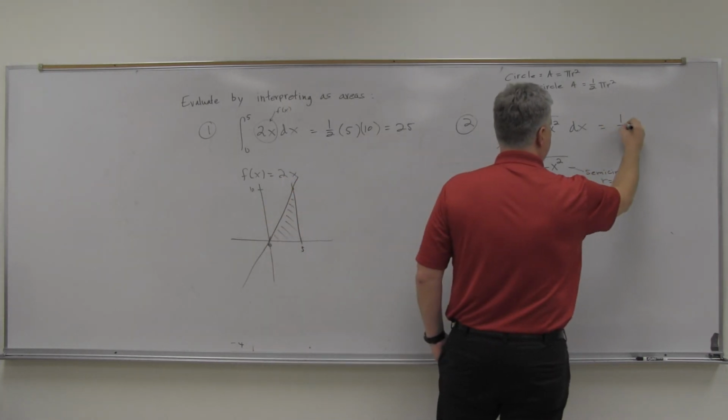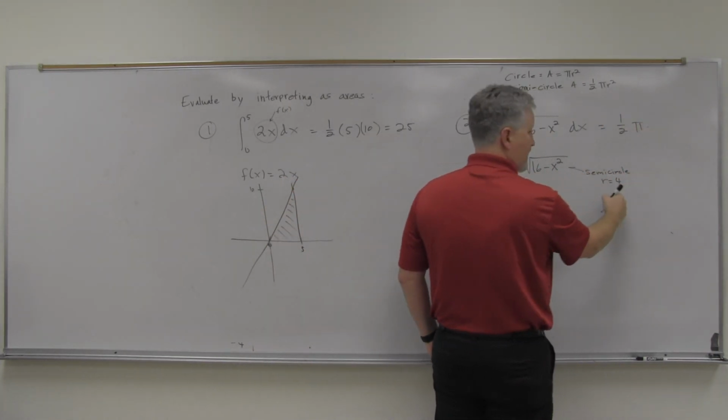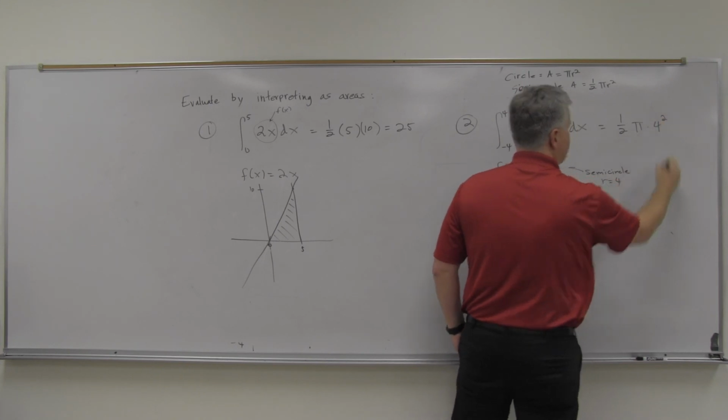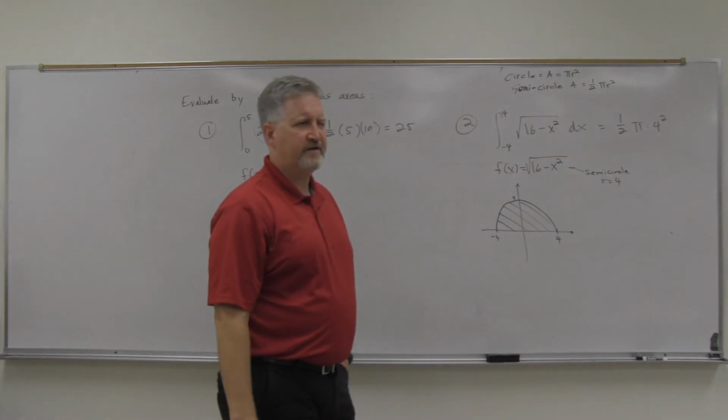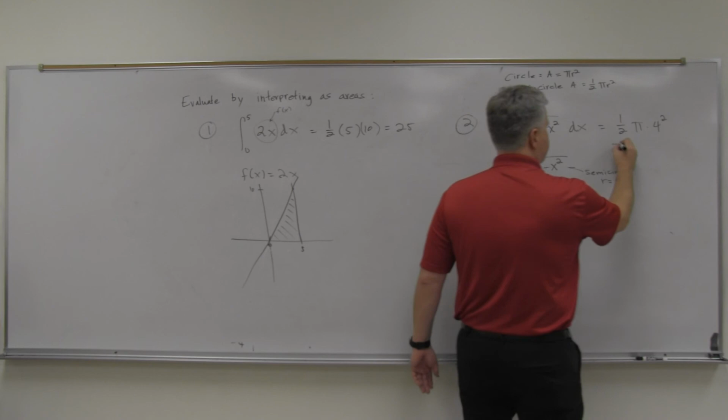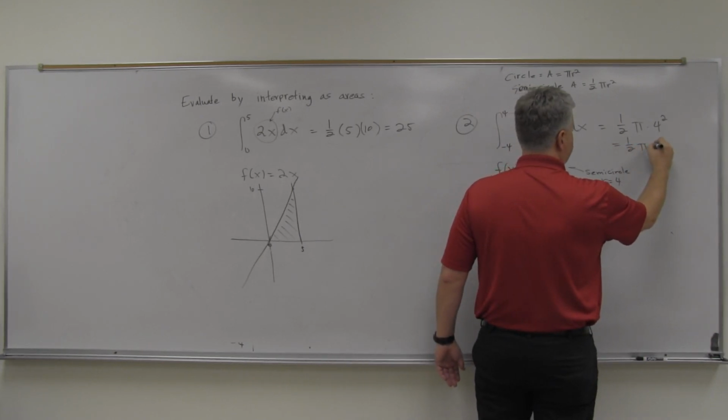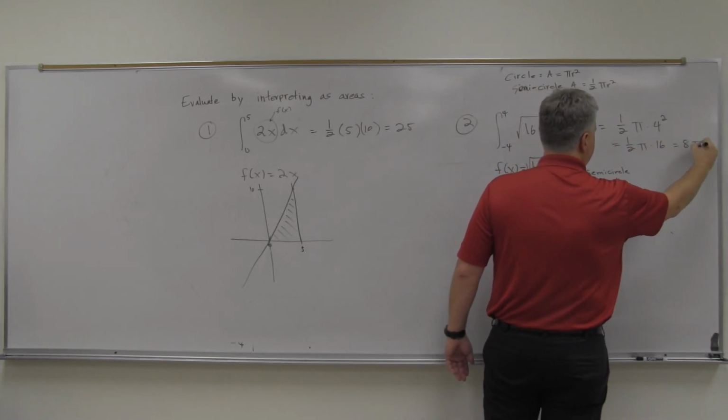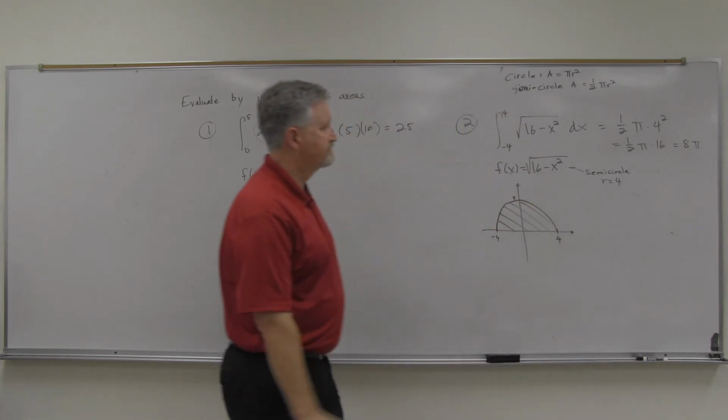So this integral is going to be 1/2 pi times the radius squared. So it's 1/2 pi times 16, which is 8 pi is probably how they'd write that. Half of 16. Okay?